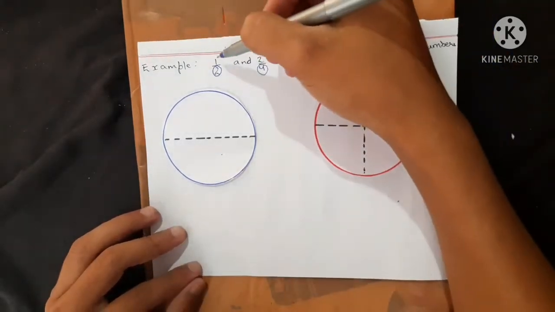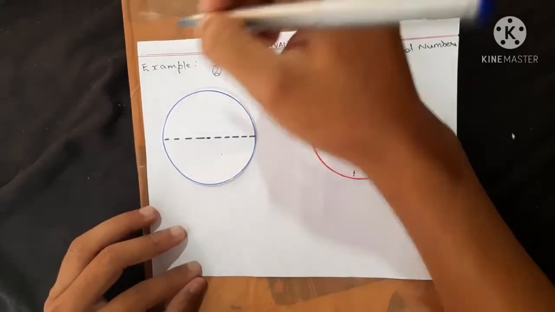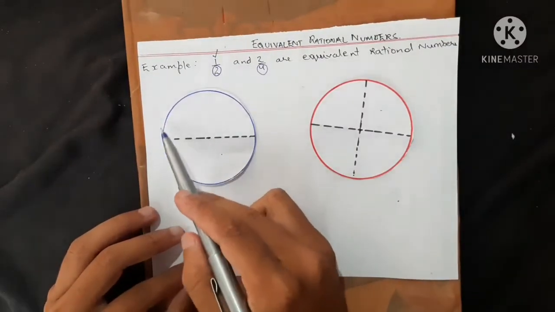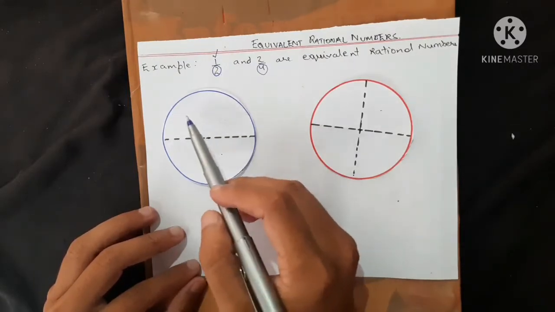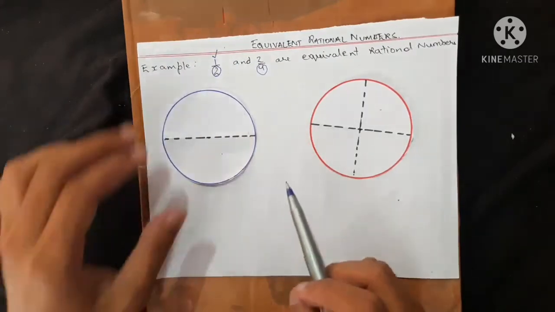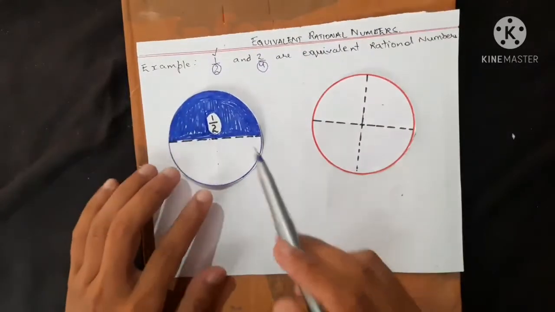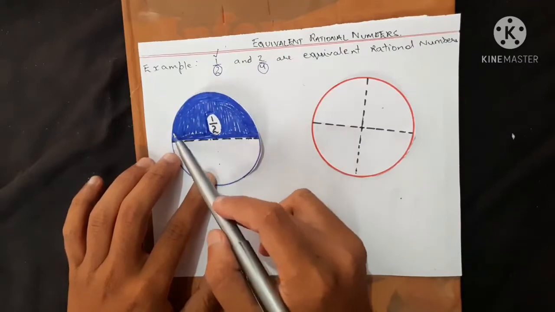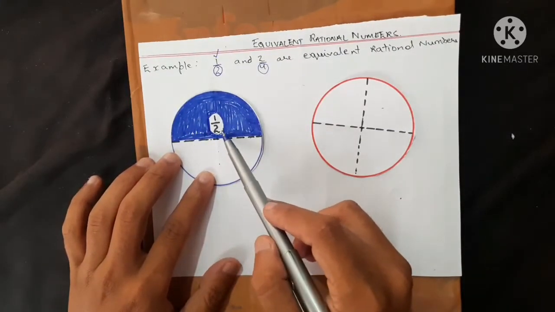In 1 by 2, the numerator is 1, so I have to color only one section of this circle. This section which I have colored represents 1 by 2.